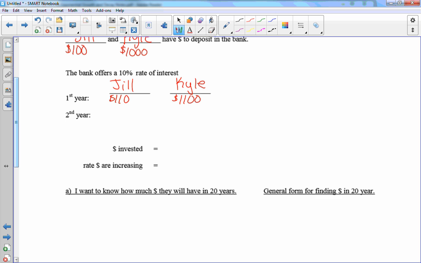The 10% is 0.10, which is the rate, and you times it by the amount you have. We'll call that Y. The amount invested is Y. And it equals the rate that your money is increasing over time.